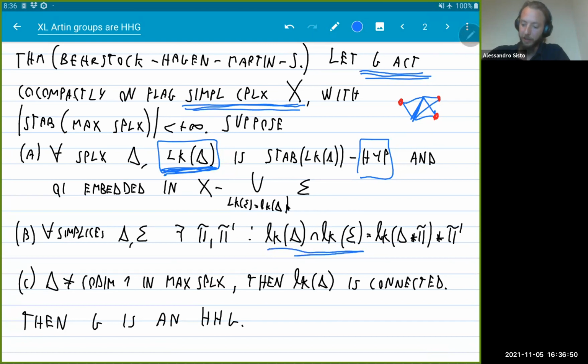The link of a certain simplex is not quite the link of a simplex that contains, say, delta. So this is supposed to be the join. Okay, so this is just a simplex containing delta. So it is the link of this simplex containing delta, and then it's joined with something else. So at first approximation, you can just think that an intersection of links is a link, and it's just slightly more technical than that.